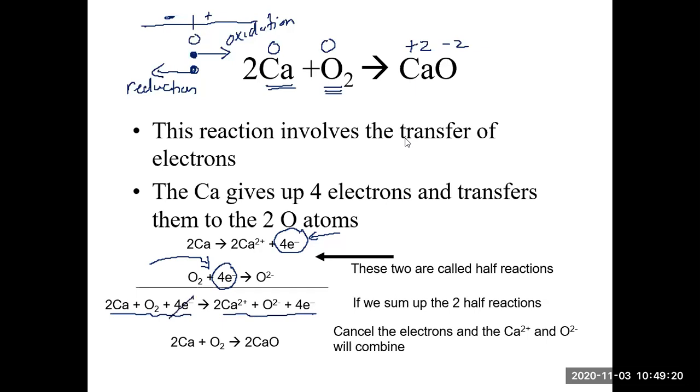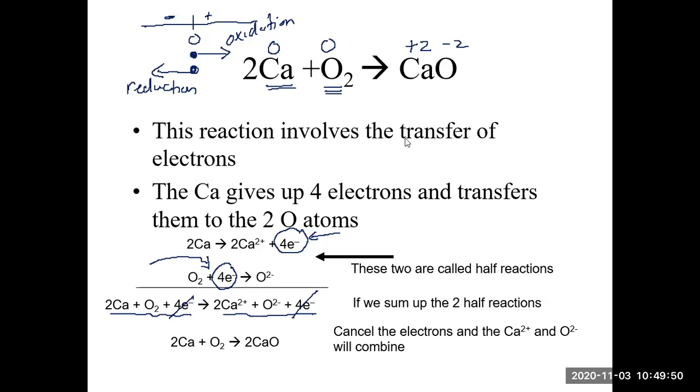So if you subtract 4 electrons from both, they will cancel each other out. And we keep everything on the left, everything on the right. Again, our calcium ion and our oxygen ion will come together and basically make our calcium oxide. Any questions on that there?